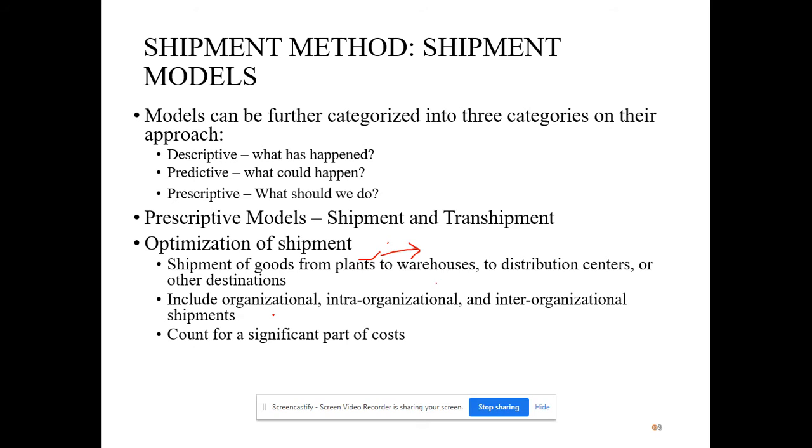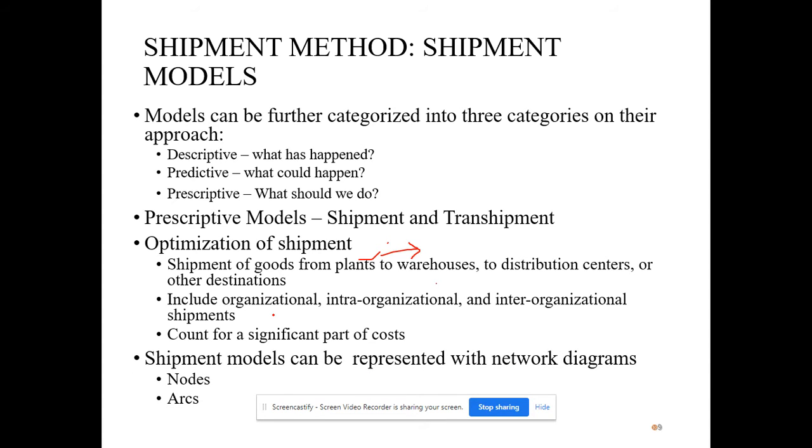So basically in this case, when the goods are transported from plant to warehouse or to distributors or to the final customer, there's a distance involved and there's a cost involved, and we are trying to minimize the total cost of the shipment. So the problem is around how much goods to be shipped from which plant to which warehouse, or from which warehouse to which distributor, so that our total cost of transportation is reduced.